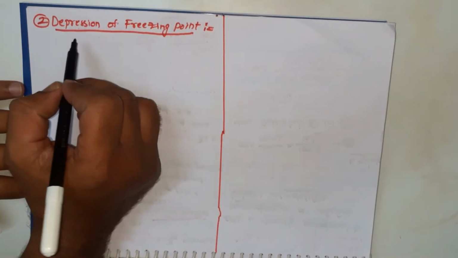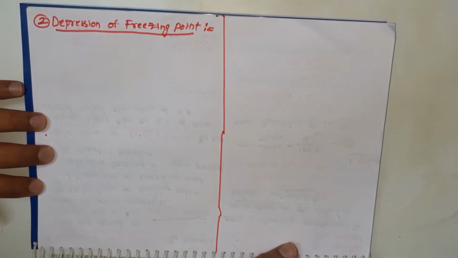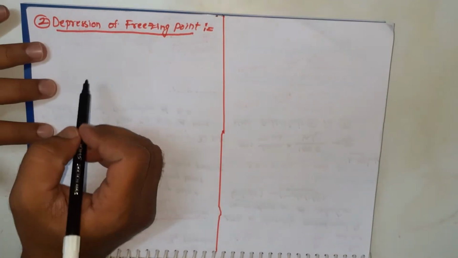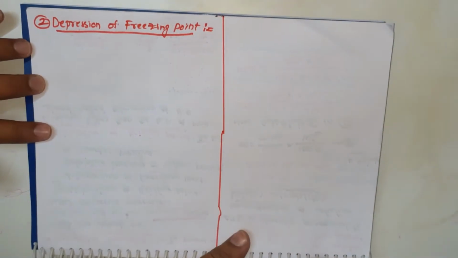Next, the second colligative property is depression of freezing point. Freezing point means the temperature at which the liquid converts into solid. Here depression means decreasing.